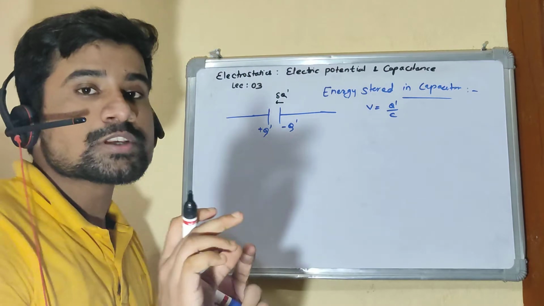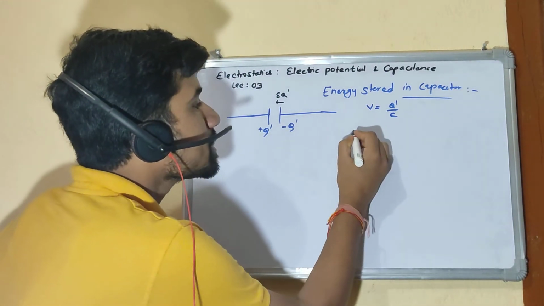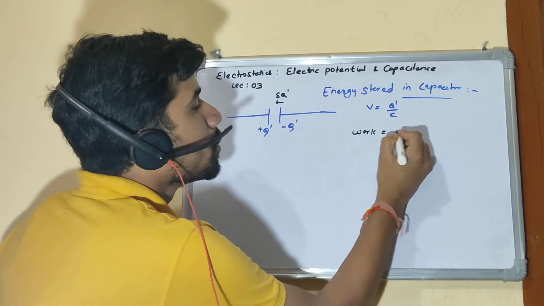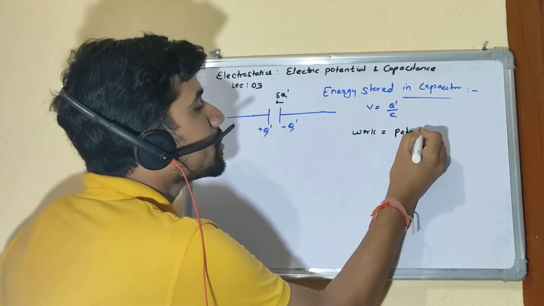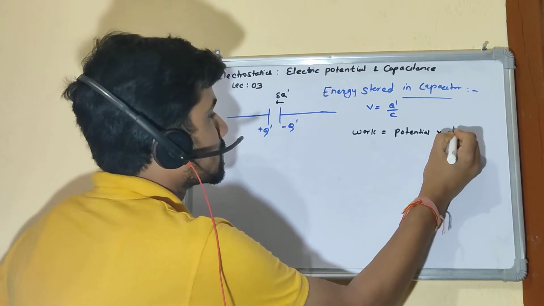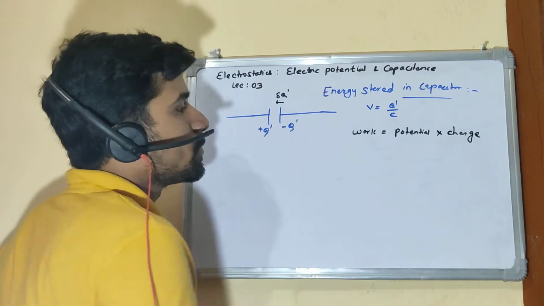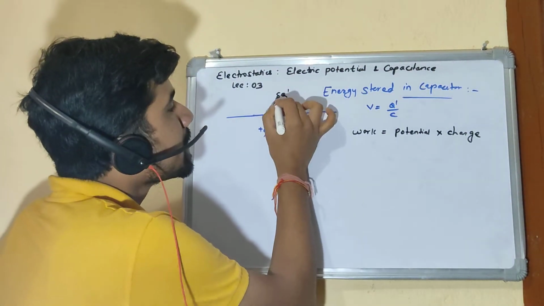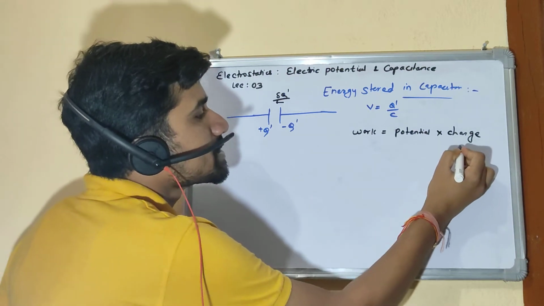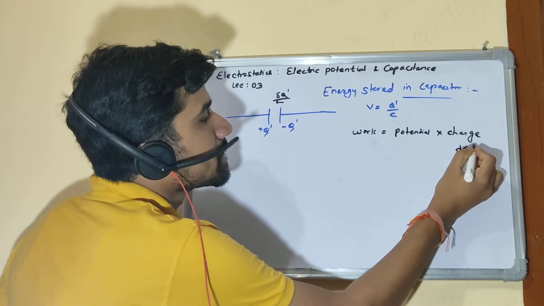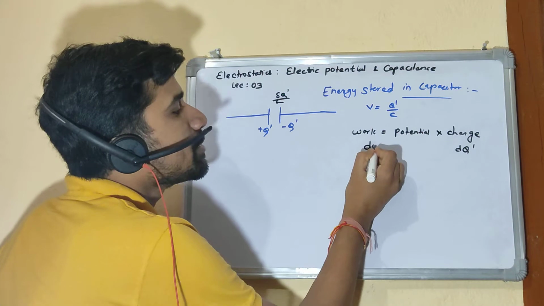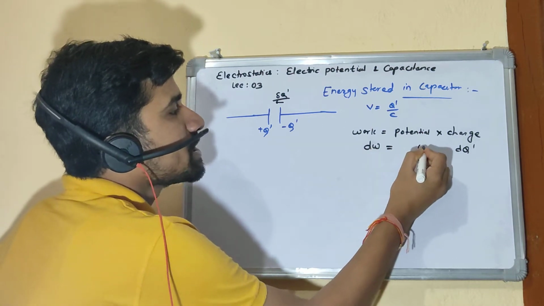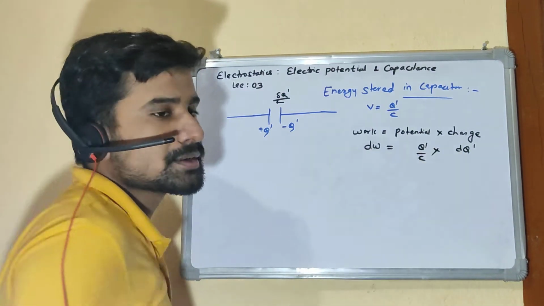So we need to do some external work here. Work is nothing but potential into charge. So to transfer this small amount of charge, let's say dq dash, I need to do dw amount of work, and the potential is q dash by c, right?